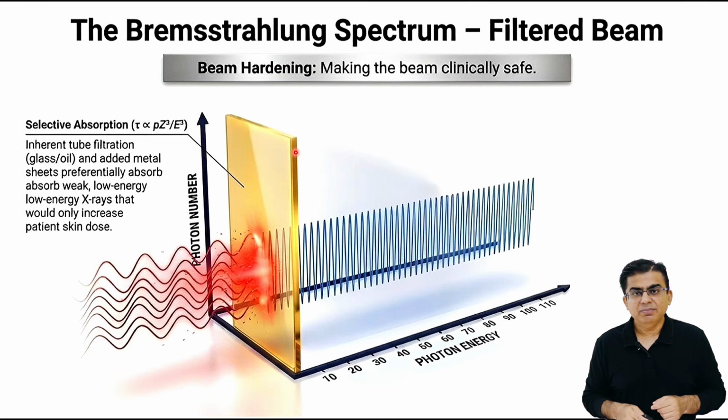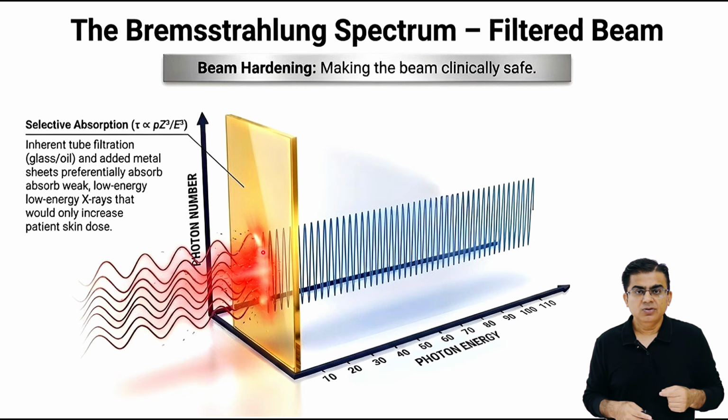What happens when we place a physical filter in the path of this raw X-ray beam? Please direct your attention to the yellow filter currently displayed on your screen, this one. Our primary goal here is to completely remove the weak and low energy X-ray from this X-ray treatment beam.